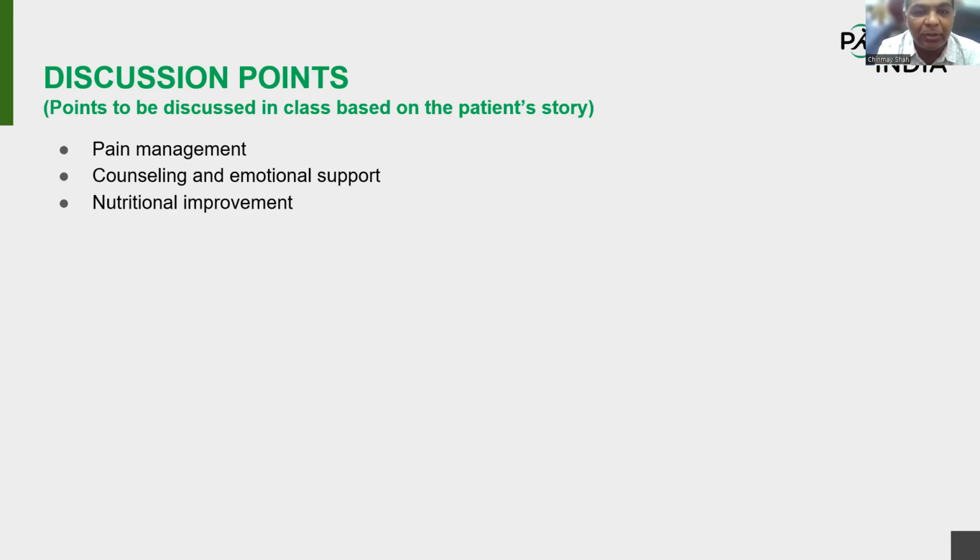So we can reassure the patient based on the result on the analogue scale: with the drug you are improving, at least for the pain. So don't worry, with the treatment going on, you are going to improve. This will boost the patient's morale and ultimately help the patient recover early. This is one of the ways we can counsel the patient as well as their relatives.